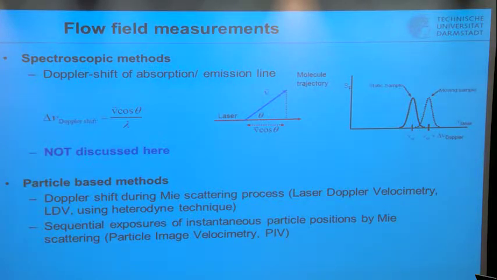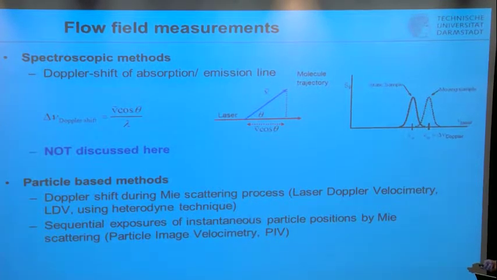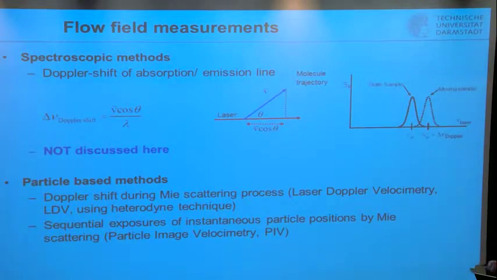But it's not discussed here because particle-based methods are so much more popular and important. And we distinguish here laser Doppler velocimetry and particle image velocimetry. As the name says, LDV, based on a heterodyne technique, is using the Doppler shift, and I'm showing here only a very simplified argumentation to explain how this technique works.